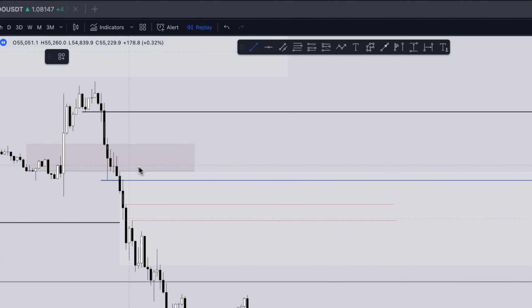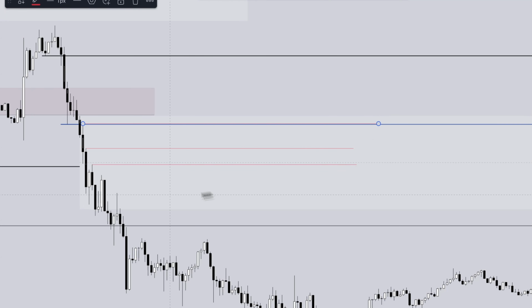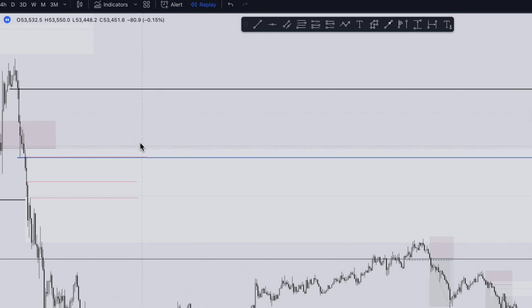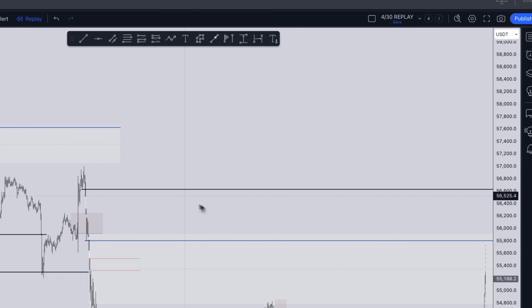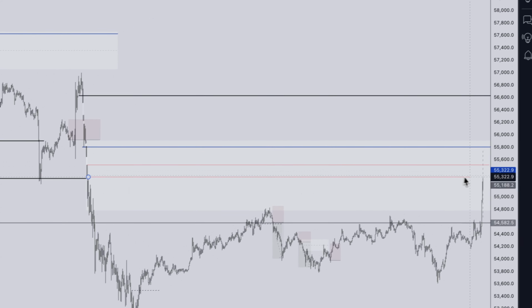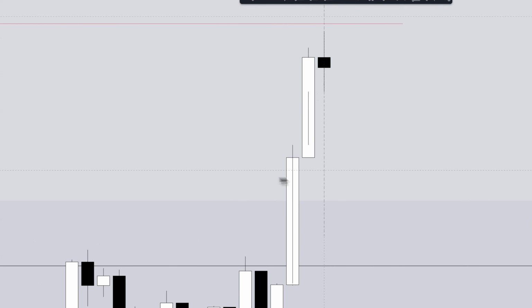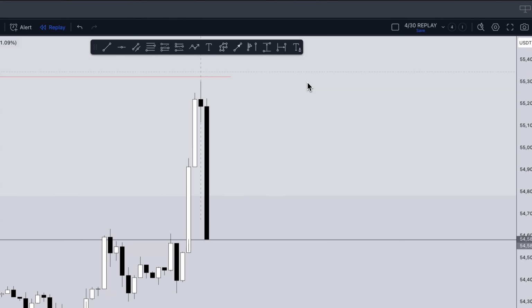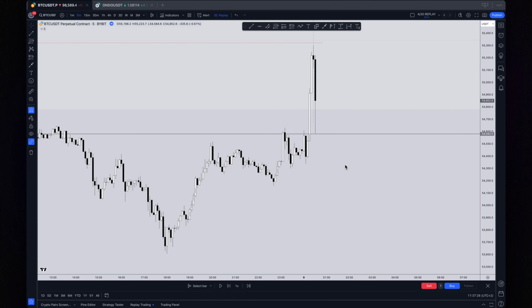And then perfectly at that level, and at the high, of course, always the high. I can delete that, that makes sense, just at the second level, and then there as well. So let's see, that doesn't sweep anything. Wow, strong reaction though. I want to see continuation.